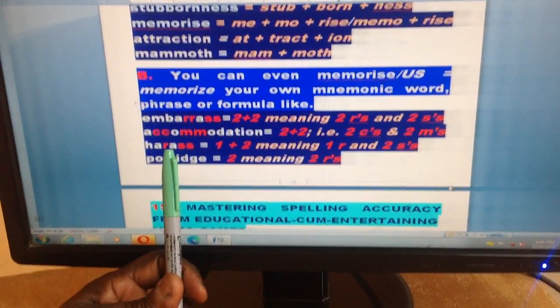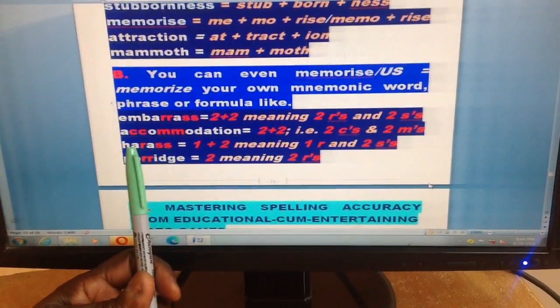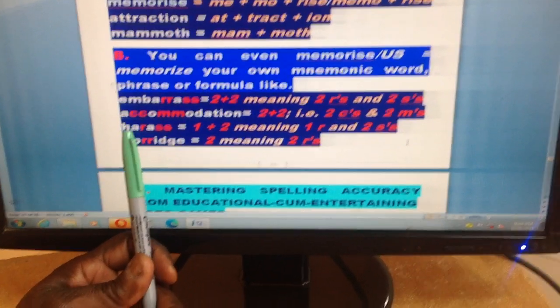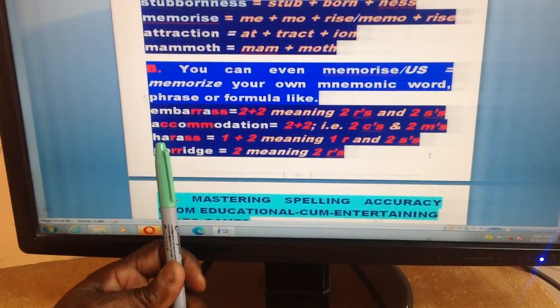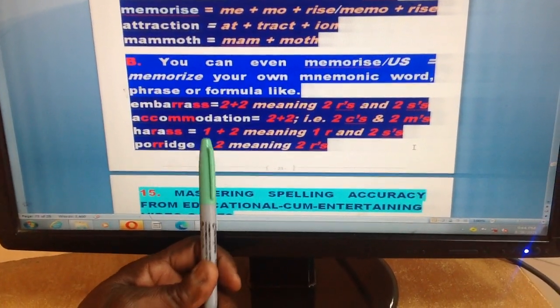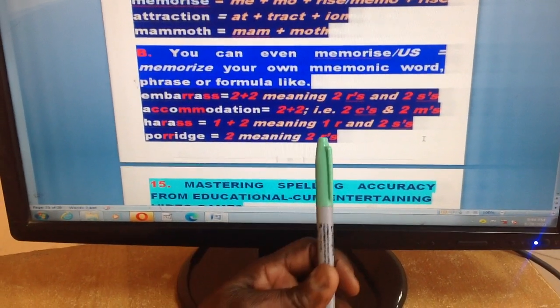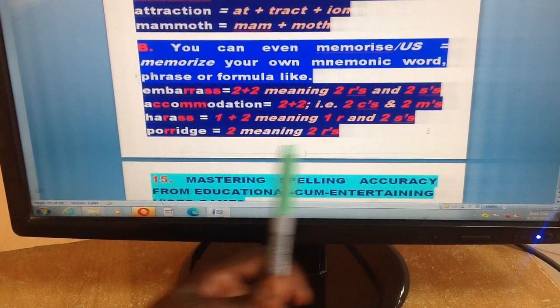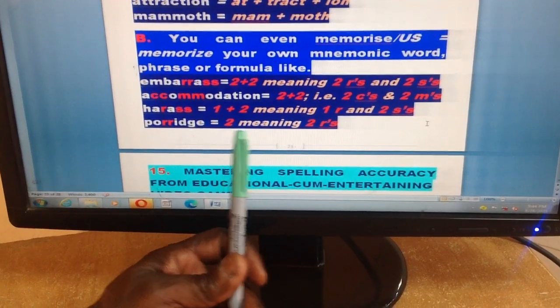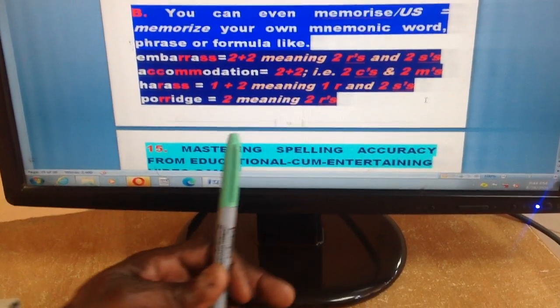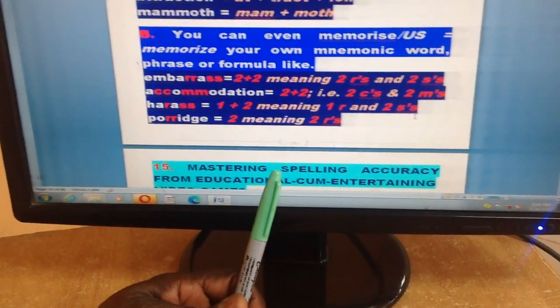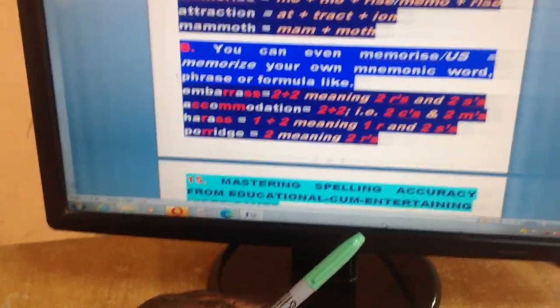Harass or harass, 2 sounds. You stress on the first or the second syllable. So there is 1 plus 2, 1 R, 2 S's. Porridge, just 2, meaning 2 R's. If this can't work, create your own. But it has worked with others, I wish to warn you.